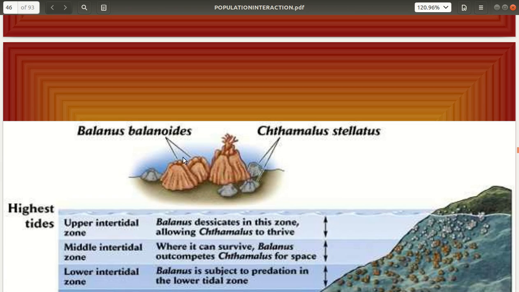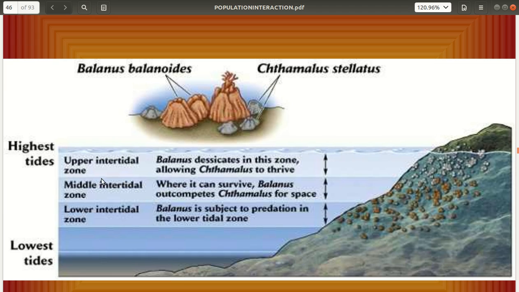Here you can see the smaller barnacle, Chthamalus stellatus, and the larger barnacle, Balanus balanoides. The upper intertidal zone has Chthamalus, which Balanus prevents from surviving in the lower zones. In the middle intertidal zone, where Chthamalus can survive, Balanus outcompetes Chthamalus for space.